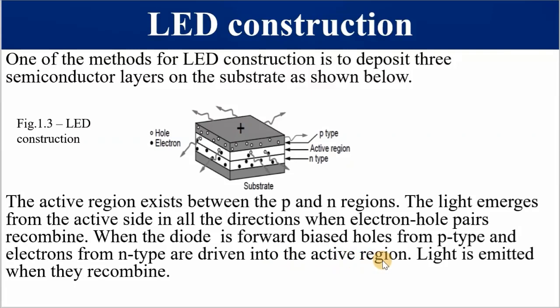Mind you, we said a light emitting diode must be forward biased for it to emit light. So when it is forward biased, electrons and holes are driven into the active region, and if recombination occurs, light is going to be emitted. Self-explanatory. You must be able to draw and to explain better than I've done.